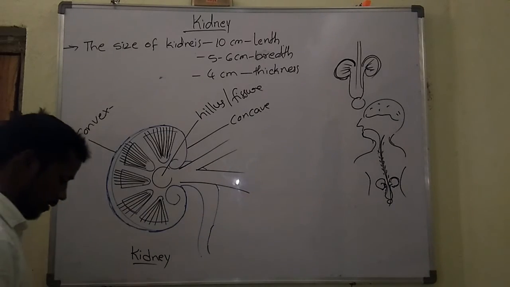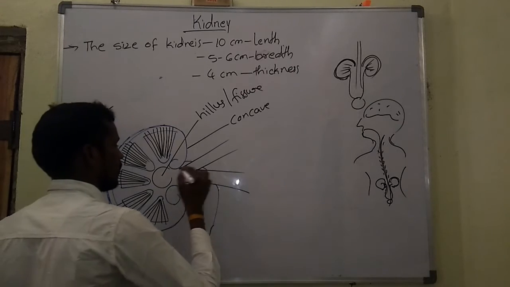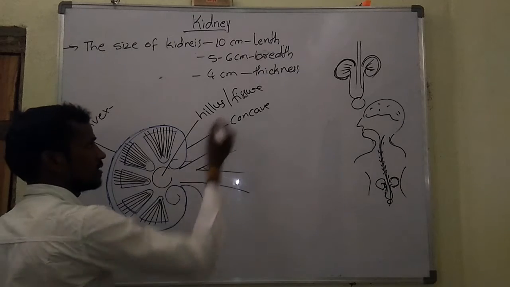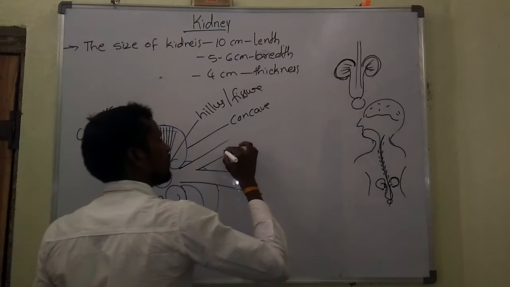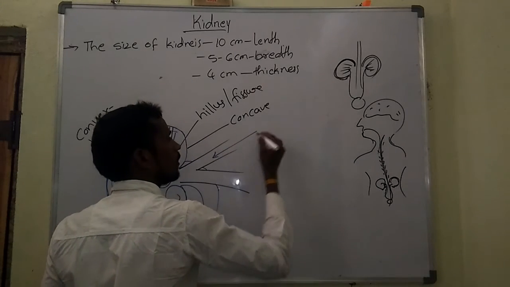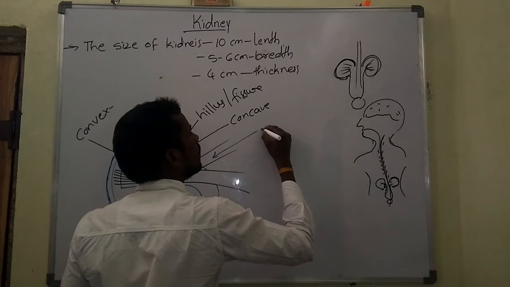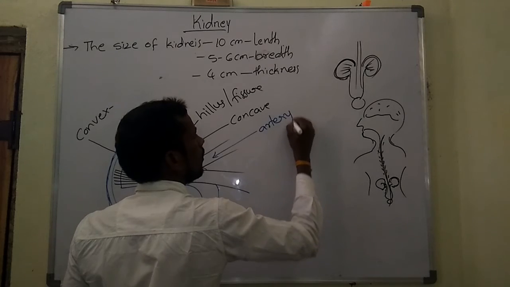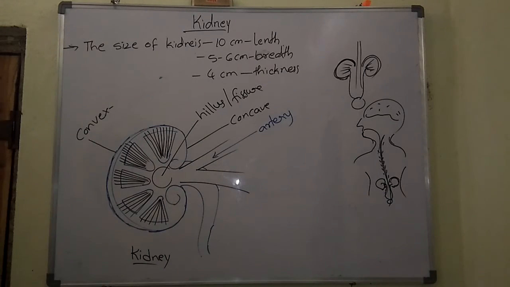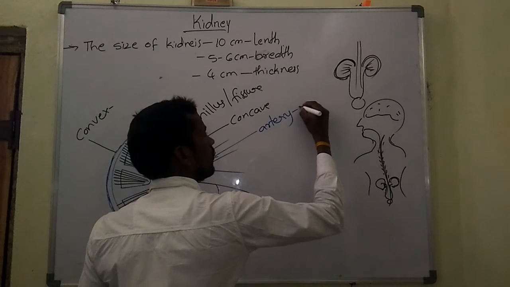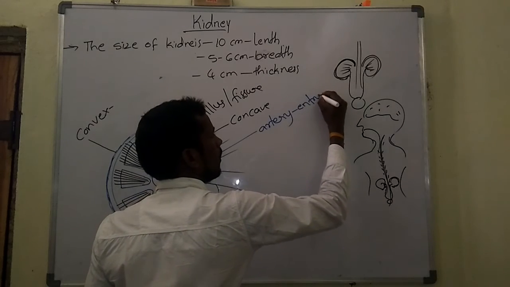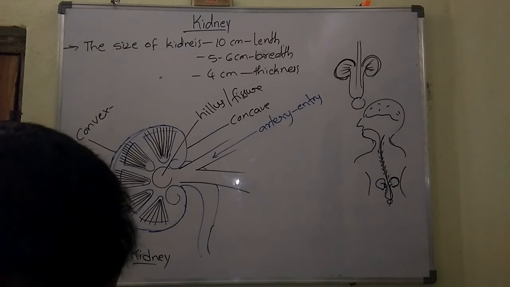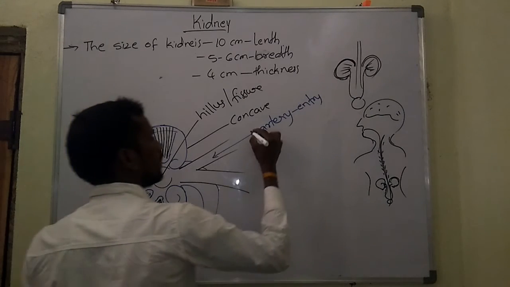Each kidney has a fissure or hilus for the entry of the artery, the renal artery.